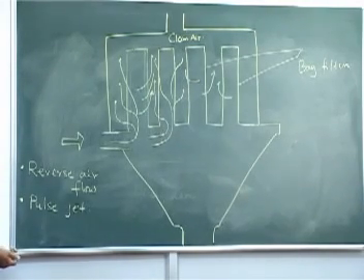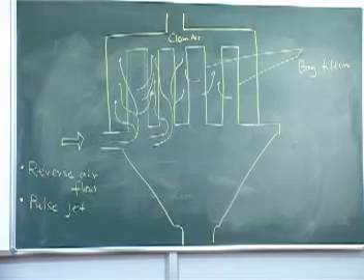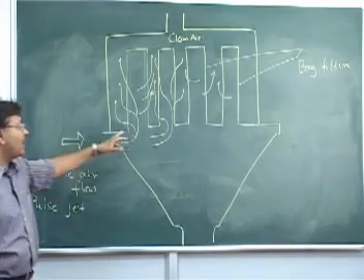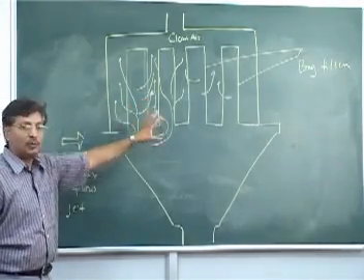What else should I tell you about this? The dust falls into this one. An important thing: with the latest design, everything is basically in parallel. Otherwise, if something is going wrong here, you will have to stop the whole thing.